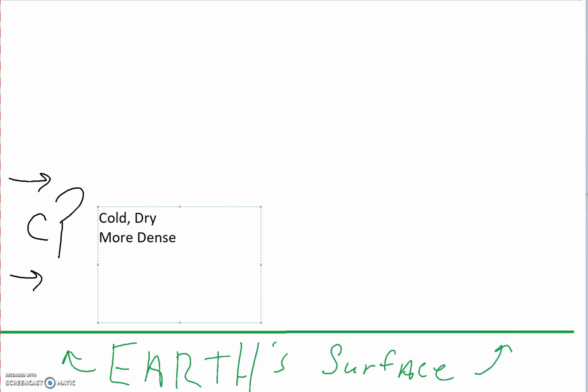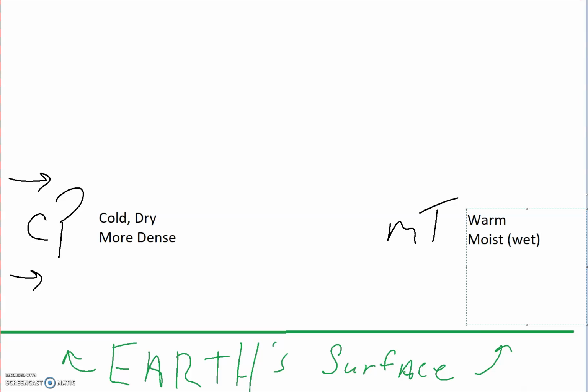And as that cold, dry air enters, it's going to be replacing warm air. So basically what it's going to be doing is replacing MT air. And let's take a look at some characteristics for MT air. All right, so MT air is warm, moist, so it's got moisture in it, less dense, okay?